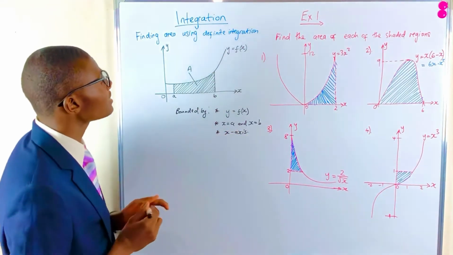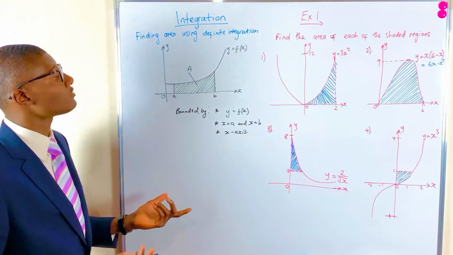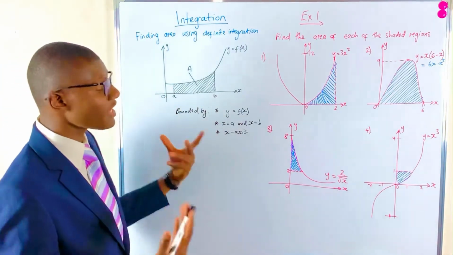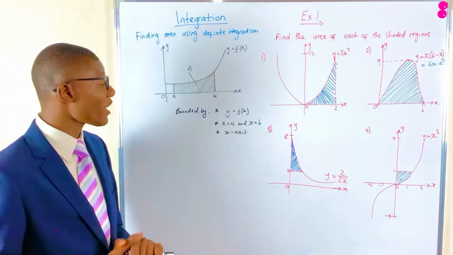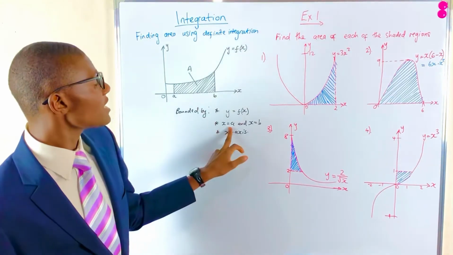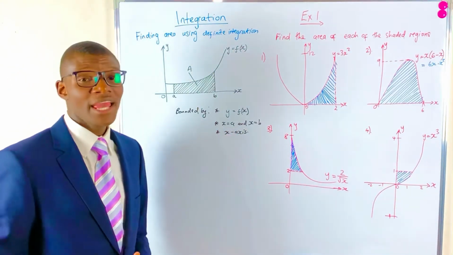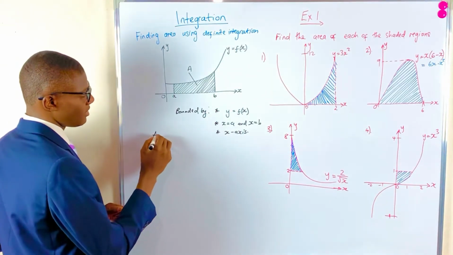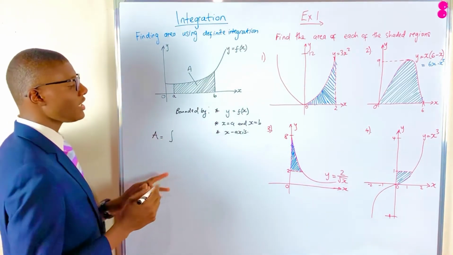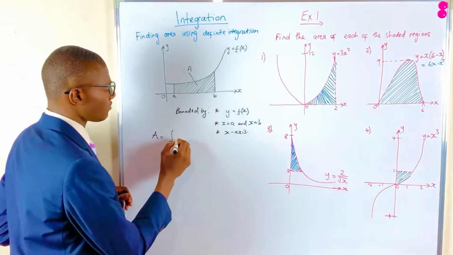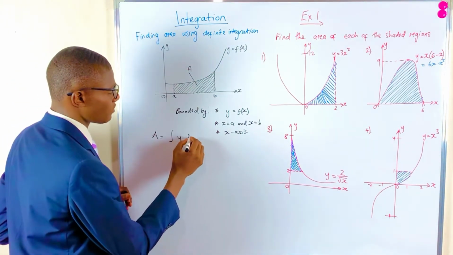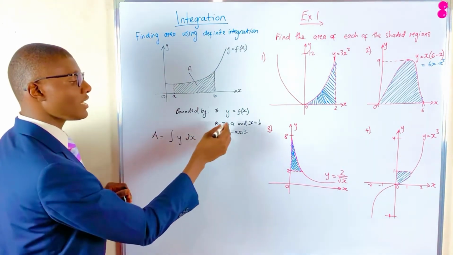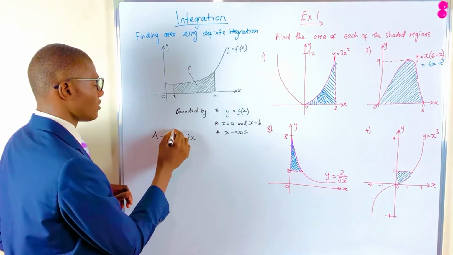So to find the area bounded by the curve y is equal to f of x, the lines x is equal to a and x is equal to b, and the x-axis, we say that A, being the area, is equal to the integral of y with respect to x with the limits from a to b.